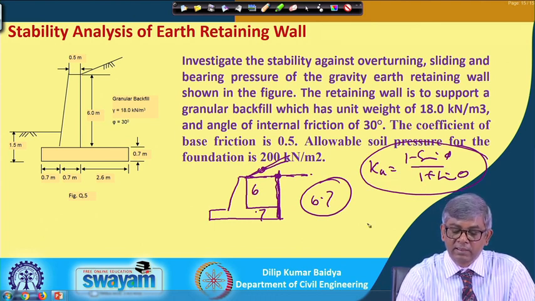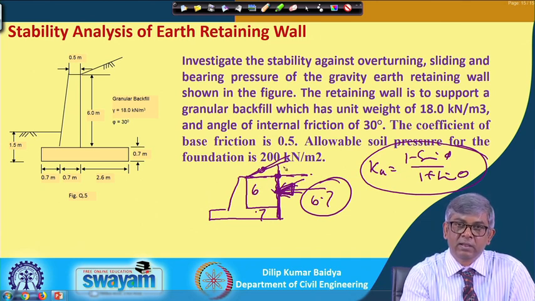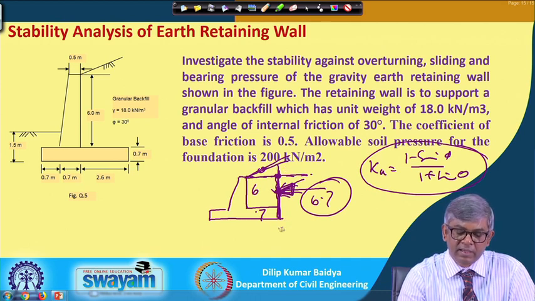An additional point is that with a level backfill, your pressure was like this and we made two components, PAV and PAH. With a horizontal backfill, we straight away get the PA horizontal. That is the only horizontal force which creates the overturning moment, and it also causes sliding.